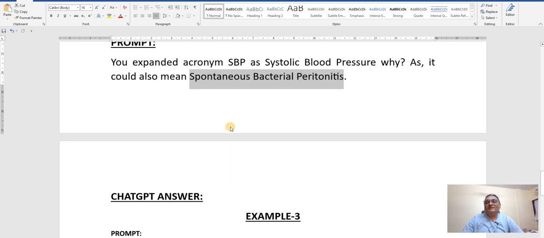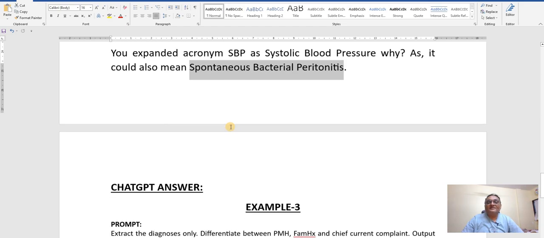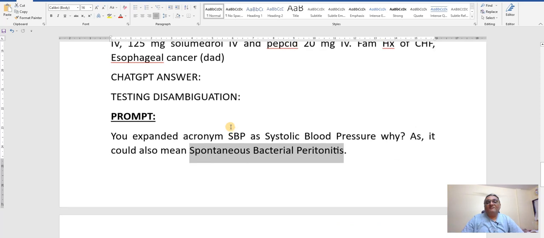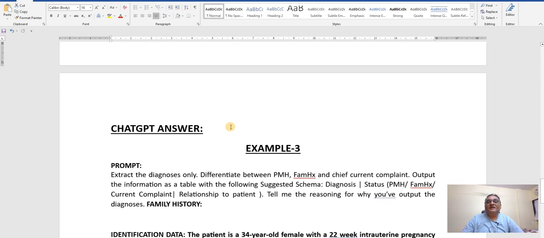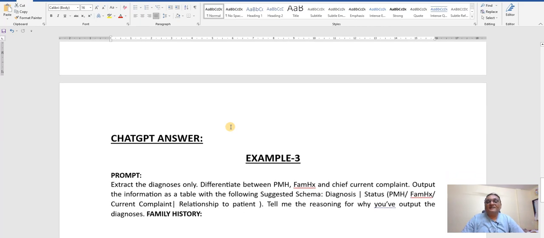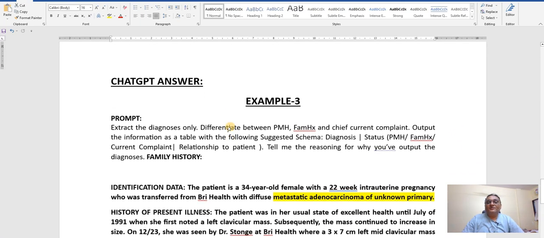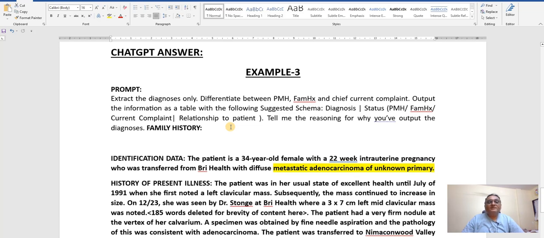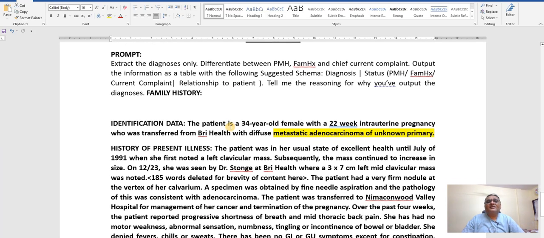Based on the context, a trained doctor can understand, but the question is whether ChatGPT can understand. We took an example and found that it can understand the context and give the proper expansion for a given acronym.